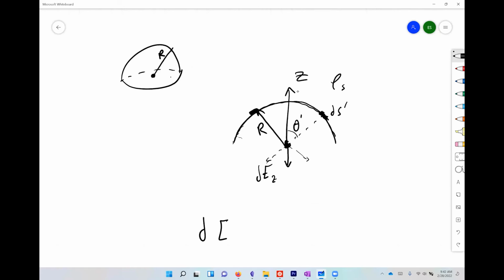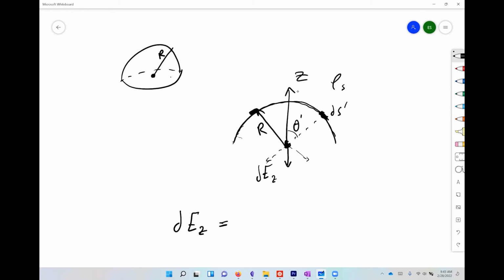So what is dE in this case? dE, according to Coulomb's law, is going to be R prime. Let me actually only write this element. This is what I'm calculating.